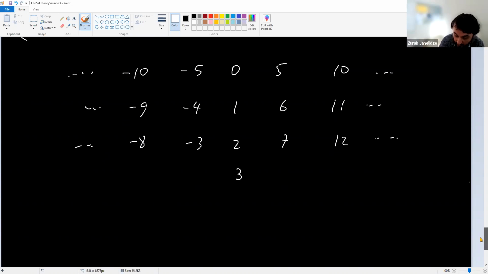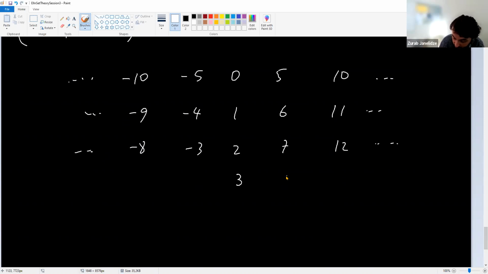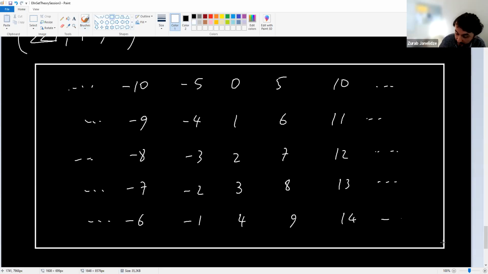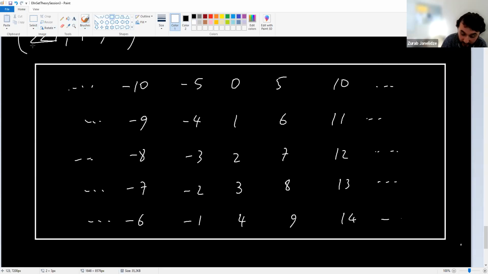And 3, 8, 13, minus 2, minus 7, and 4, 9, 14, and so on. Minus 1, minus 6, and so on. So this way I've listed all the integers. But the reason I did it this way is to show the groupings.